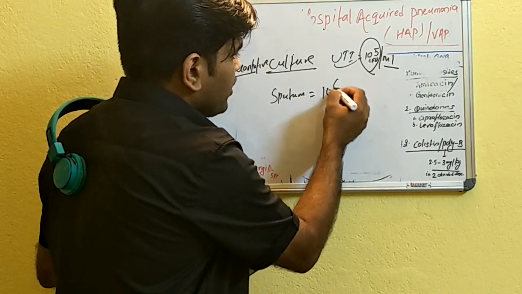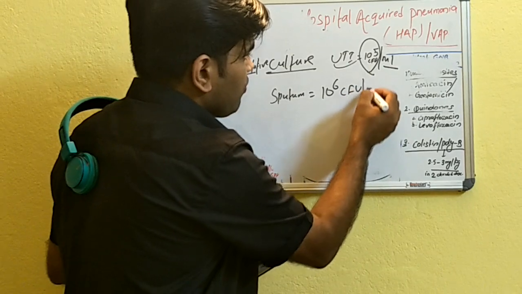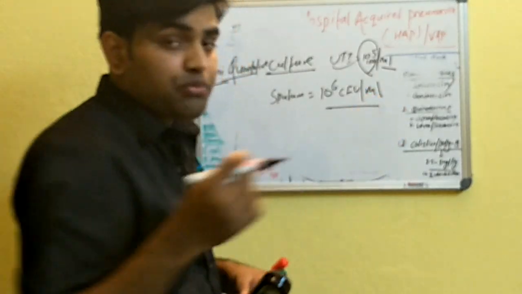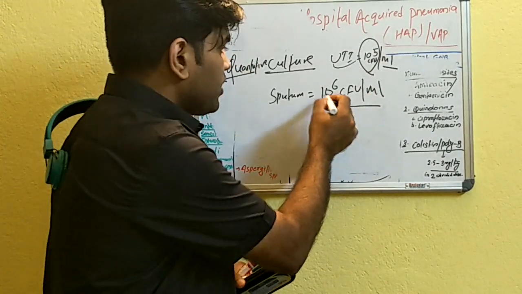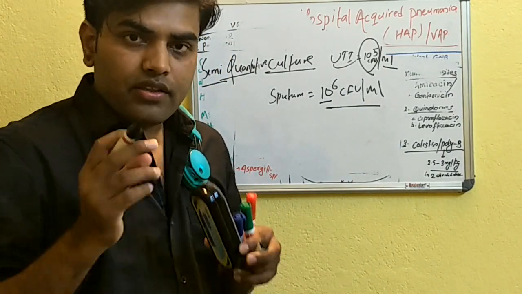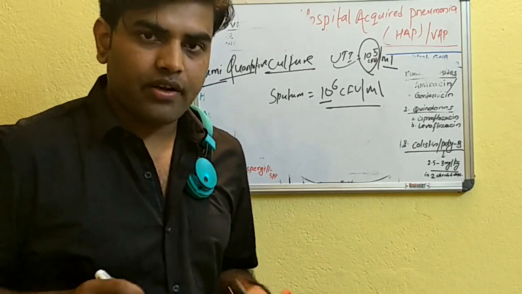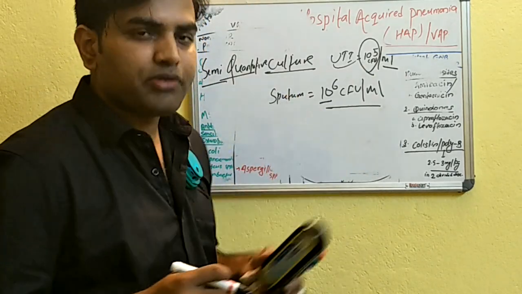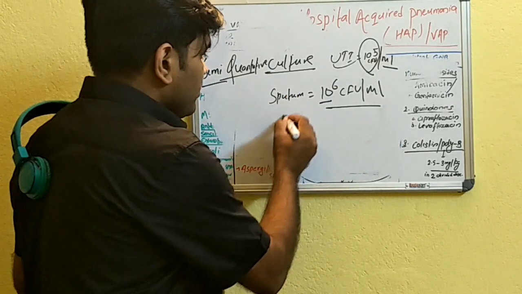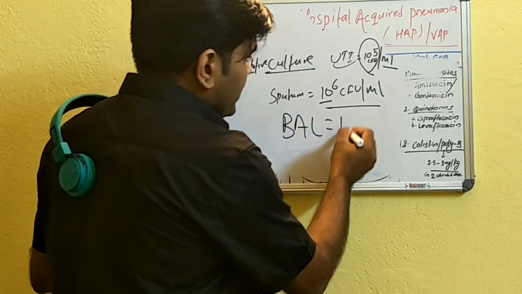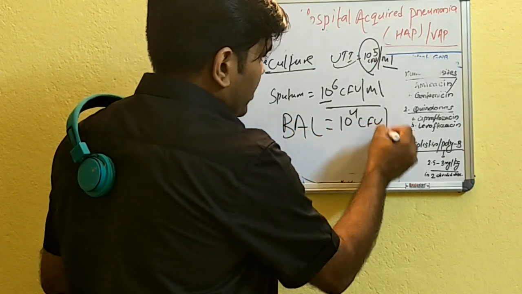1 ml should contain 10 to the power 6 colony forming units per ml. So in 1 ml of sputum, if you have 10 to the power 6, around 10 lakh bacteria, then only can we think that there is actually a respiratory tract infection going on, if it is a normal sputum sample. If you have taken a bronchoalveolar lavage sample, then it should grow at least 10 to the power 4 colony forming units per ml.